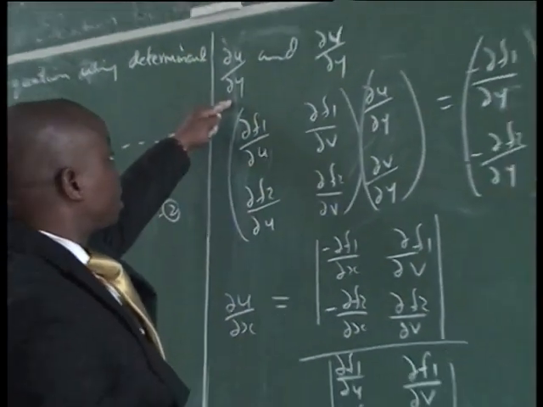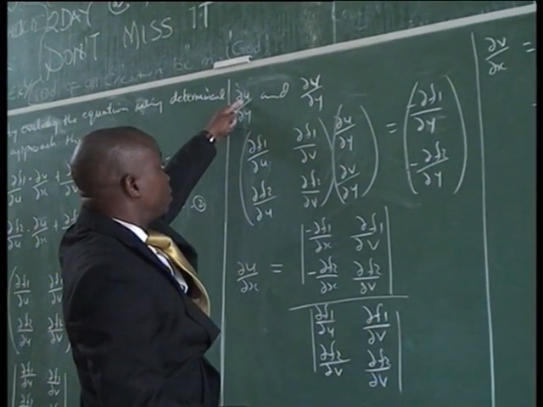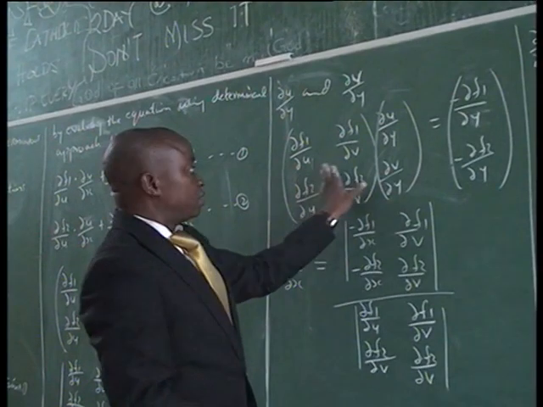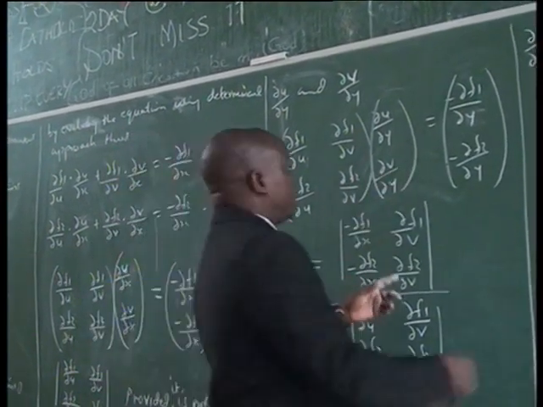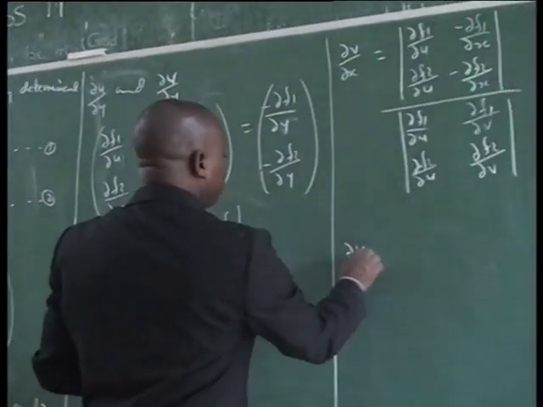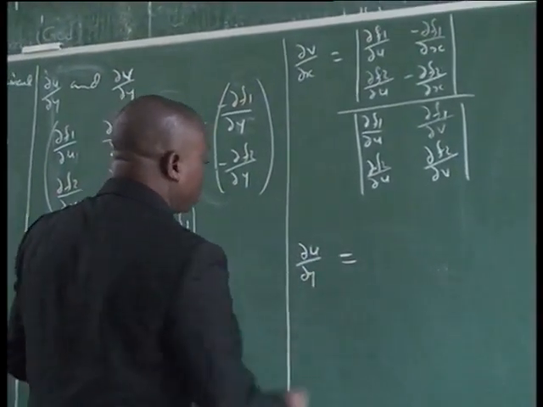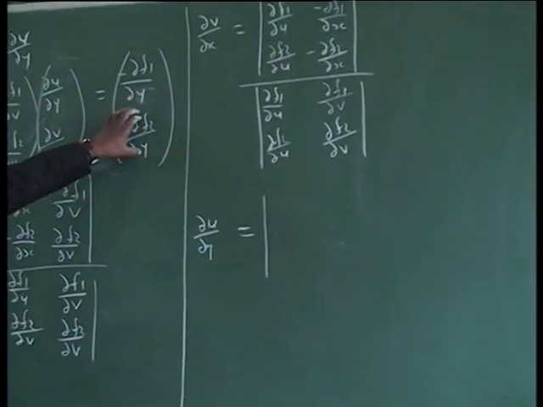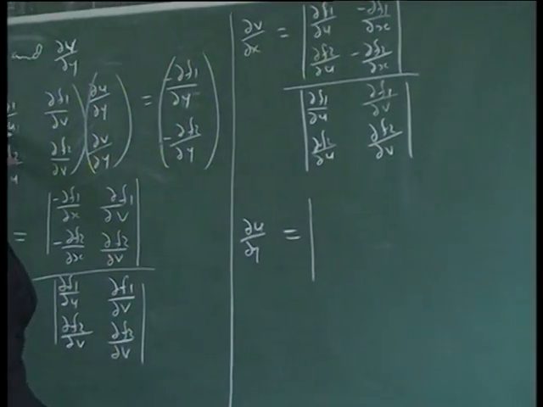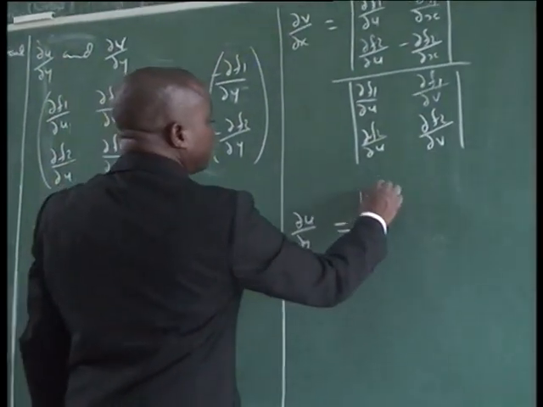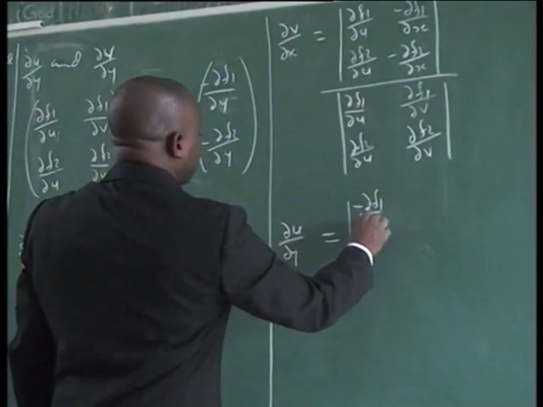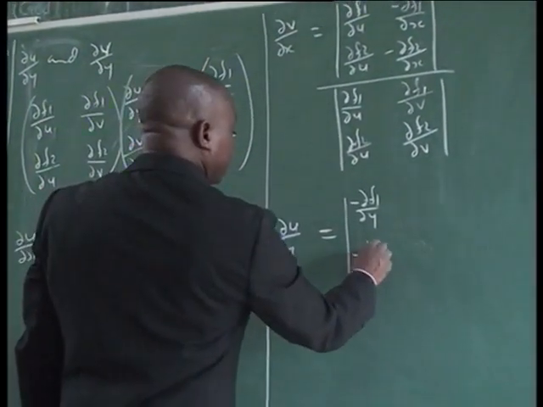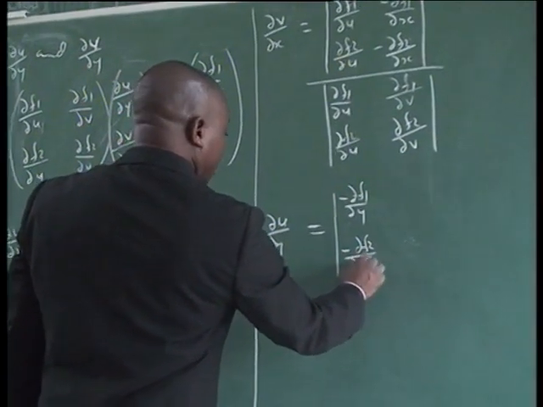We can find partial u partial y, partial v partial y. See this one here. So what we do in that one is to say partial u partial y will be equal to, we also define these determinants by breaking this into here. Then you remove this, and we will have minus partial f1 partial y, minus partial f2 partial y.